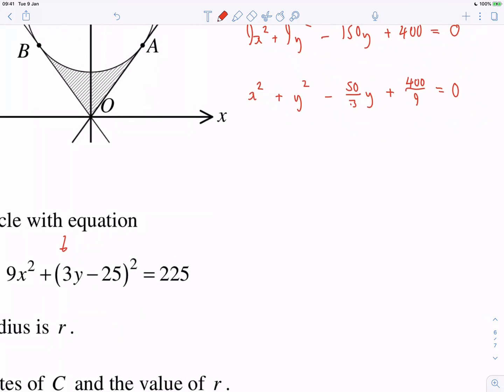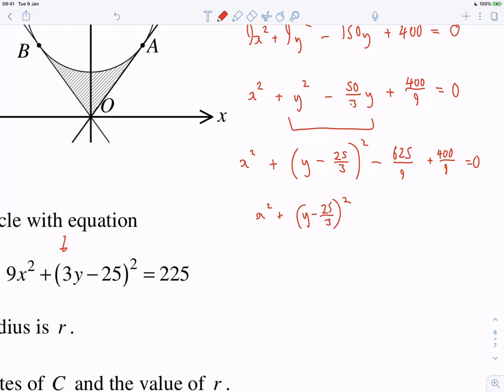If I complete the square on this, I will have x squared plus, this becomes y minus 50 over 3 halved, which is 25 over 3, squared minus the 25 over 3 squared, which is 625 over 9, plus 400 over 9 equals 0, which means I'll have x squared plus y minus 25 over 3 squared, and then if I take both of these constant terms to the other side, I'll get 225 over 9, like so.